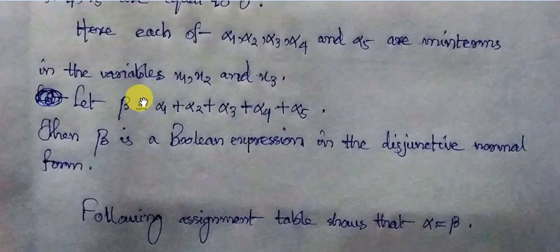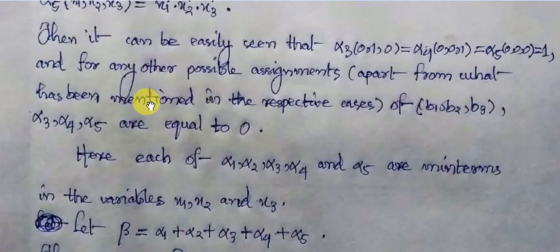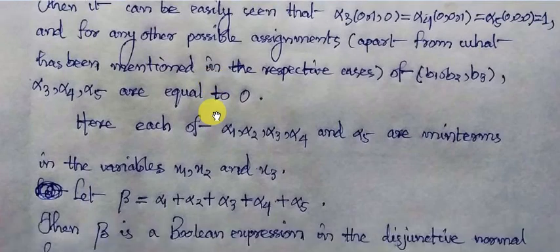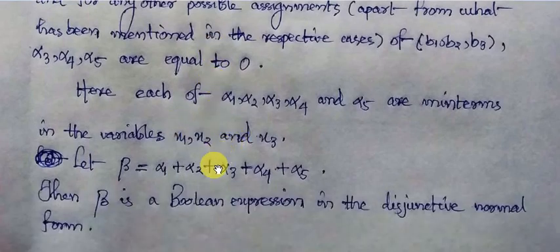If they are equal, then we shall call that alpha equal to beta, otherwise they are not equal. So let us now check the corresponding values of alpha and beta from the assignment table.